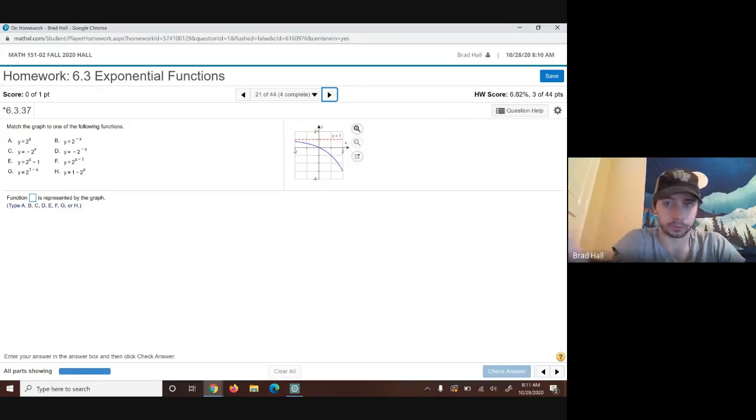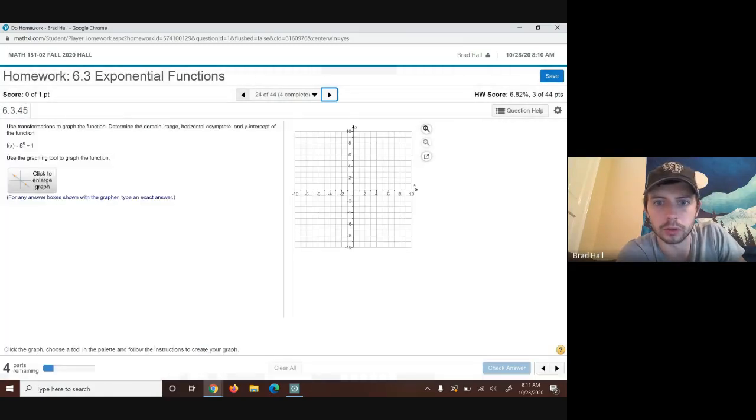And I did this one for part 2 in the class notes. So I think the next problem might be something a little bit more unique. So I'll do 22 here.